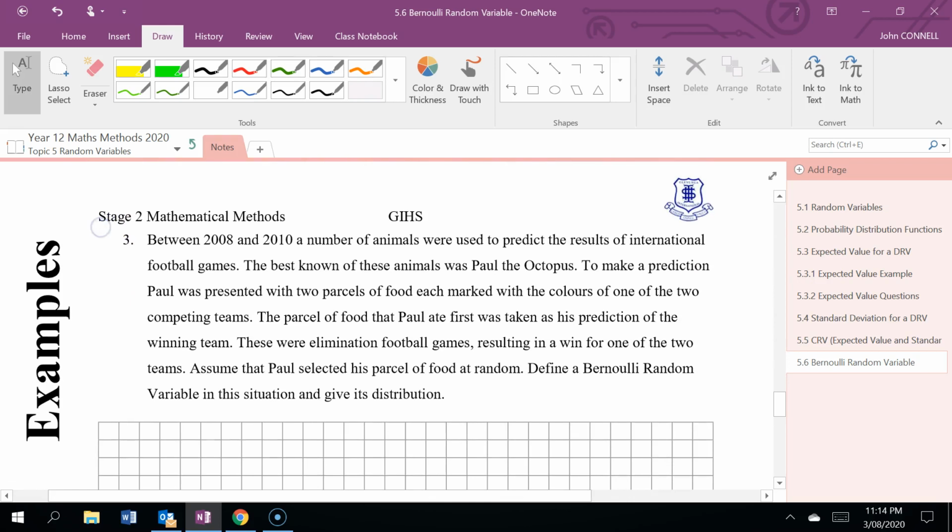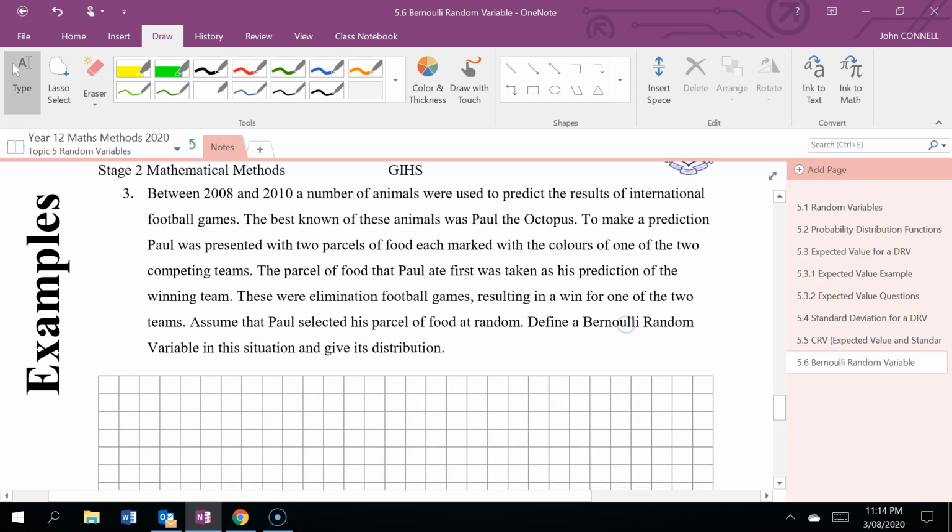Okay, now you might actually remember this particular example. Between 2008 and 2010, a number of animals were used to predict the results of international football games. The best known was Paul the octopus. To make a prediction, he was presented with 2 parcels of food marked with the colours of the competing teams. The food he ate first was taken as his prediction.